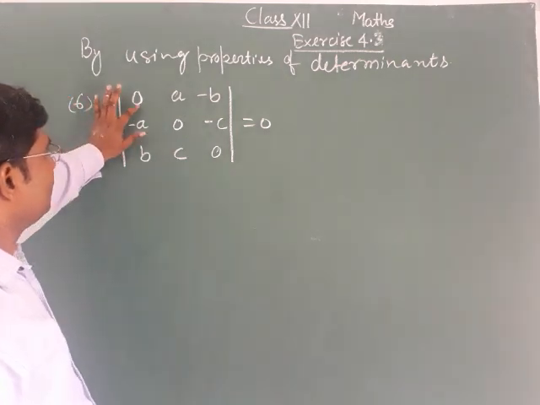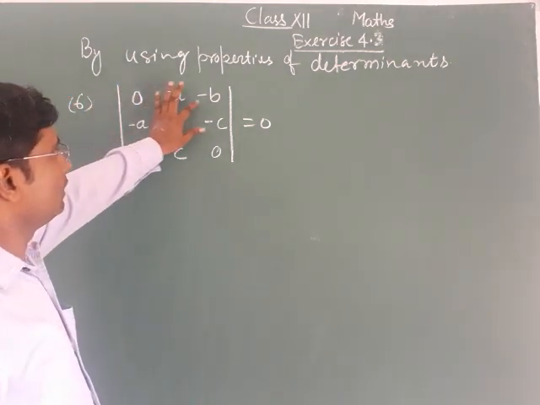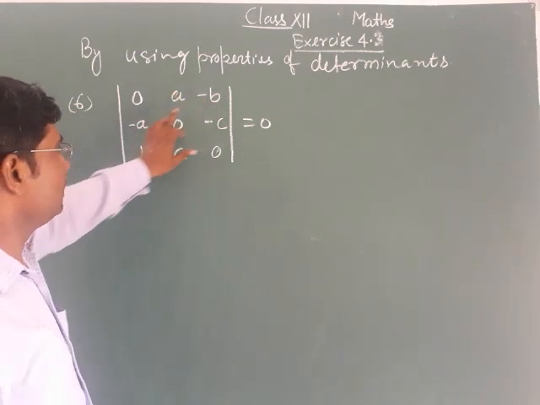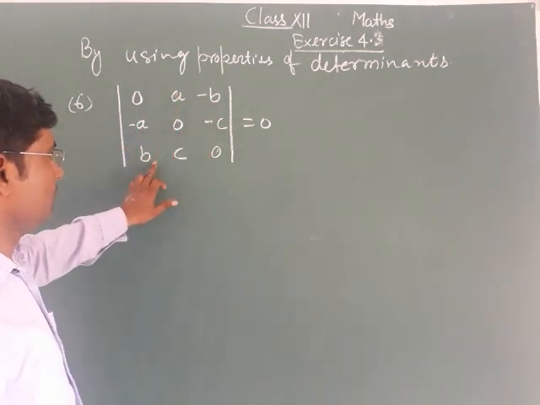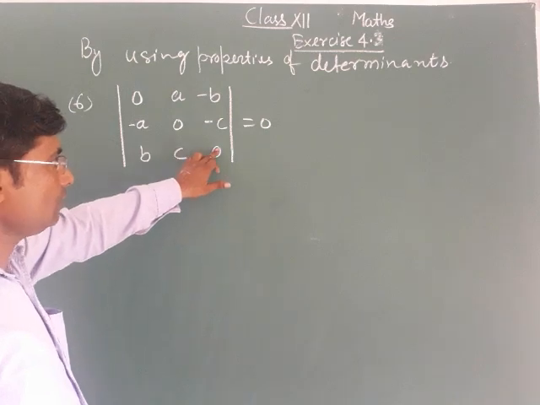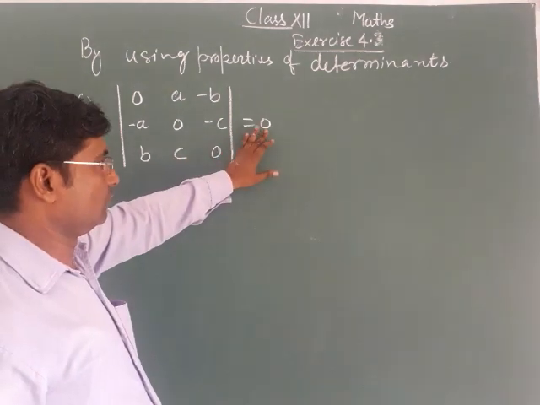The determinant with elements 0, a, minus b; minus a, 0, minus c; b, c, 0 is equal to 0.